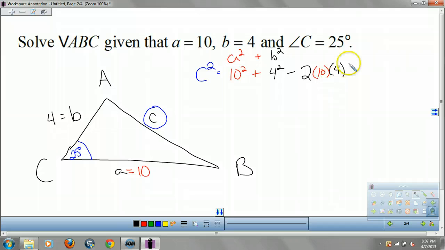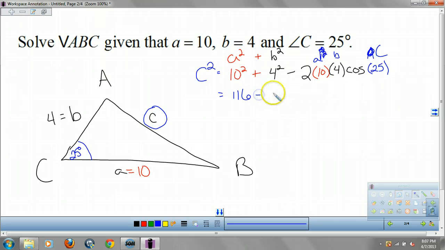All that times cosine of, sorry, I didn't label these ones, and that was not A, it was C, that was 25 degrees. Okay. So we get 116 minus 80 cosine of 25.